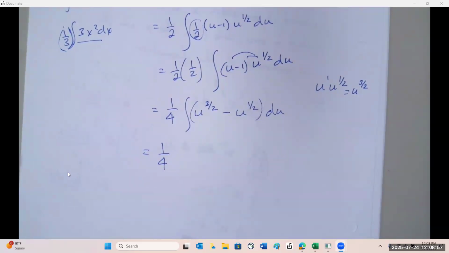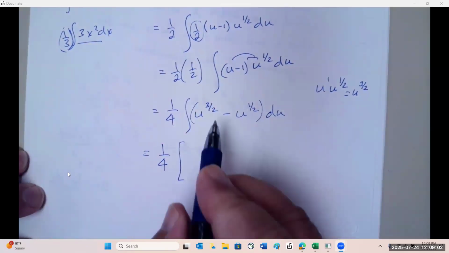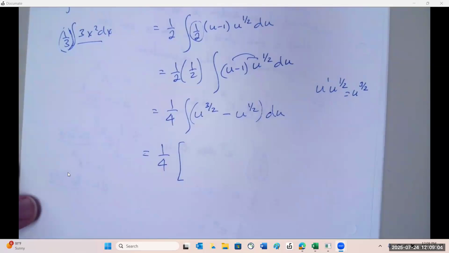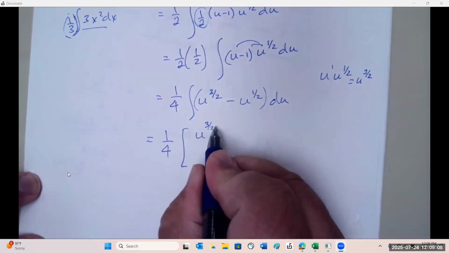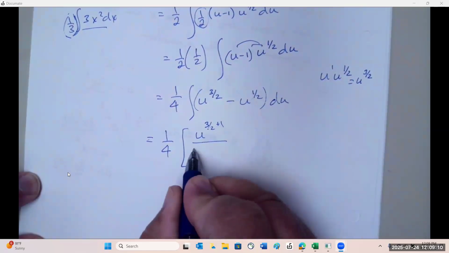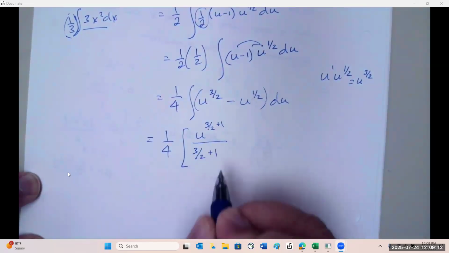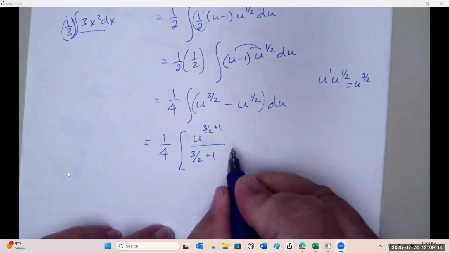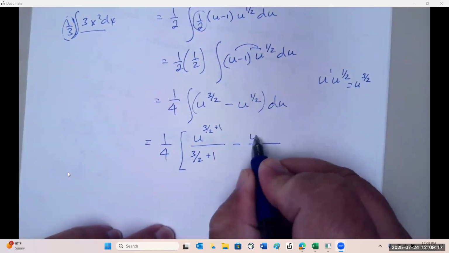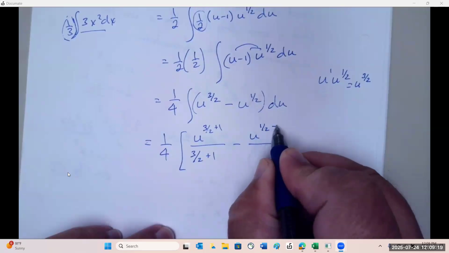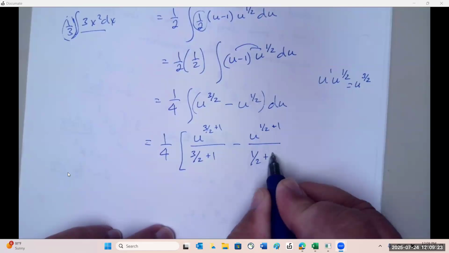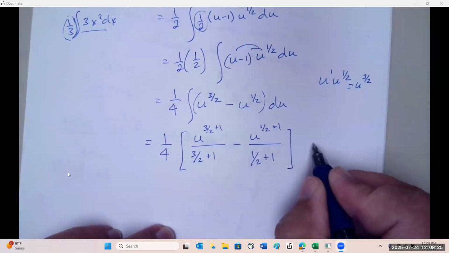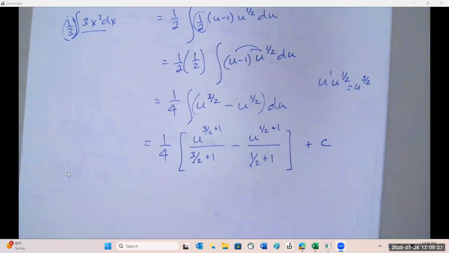Now I can take both of those separately. How do I do that? So what's the integral of the first one going to be? It's going to be u to the 3/2 plus 1 divided by 3/2 plus 1, minus u to the power 1/2 plus 1 divided by 1/2 plus 1. All that plus c.